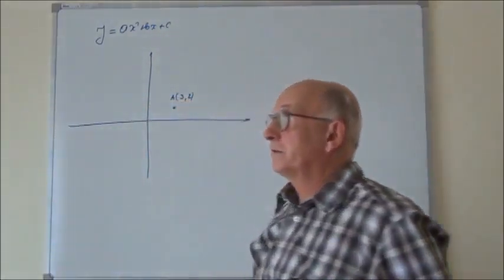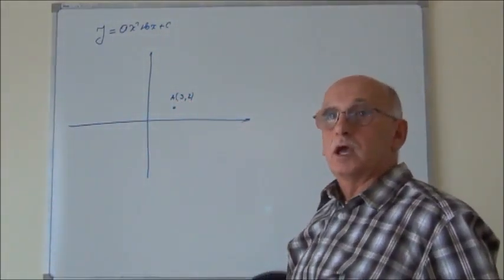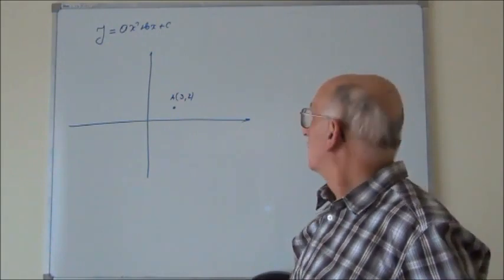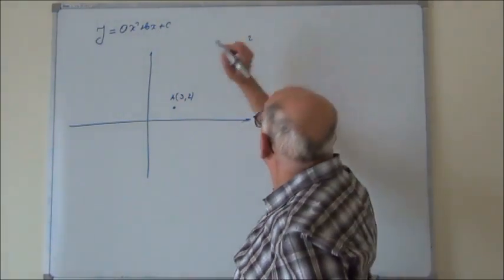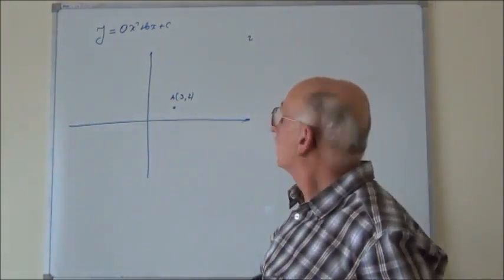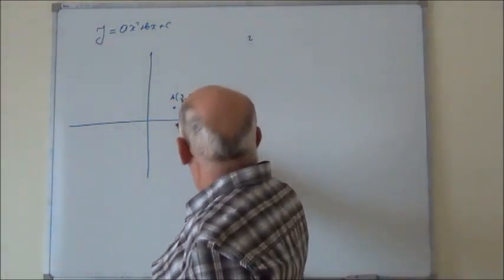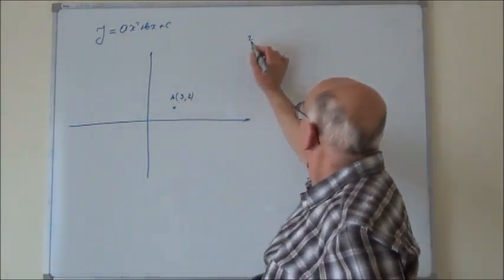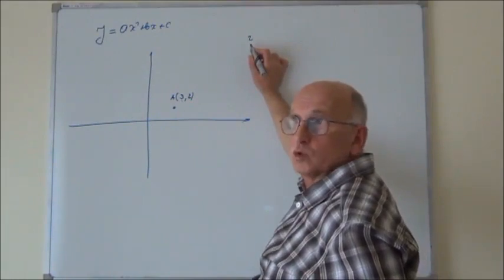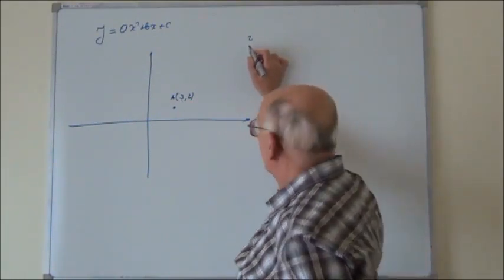If we have a horizontal translation, let's say 2 units to the right, then we have to add another 2 units to the x coordinate to obtain the new point.